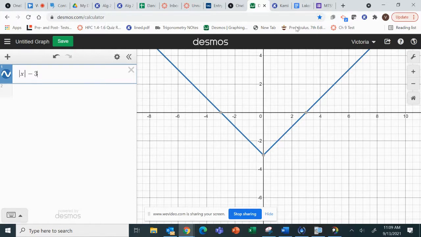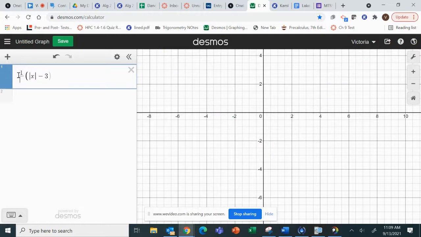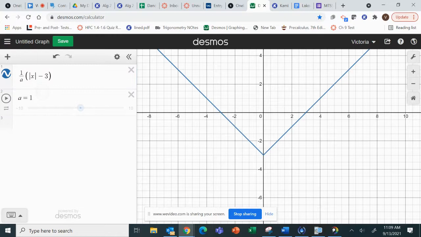Okay, so then to this, I'm going to put 1 over a number out here. I'm going to make that a slider. And let me put my original in there again, just so we can compare it. I think this is the best way to actually see what's happening.